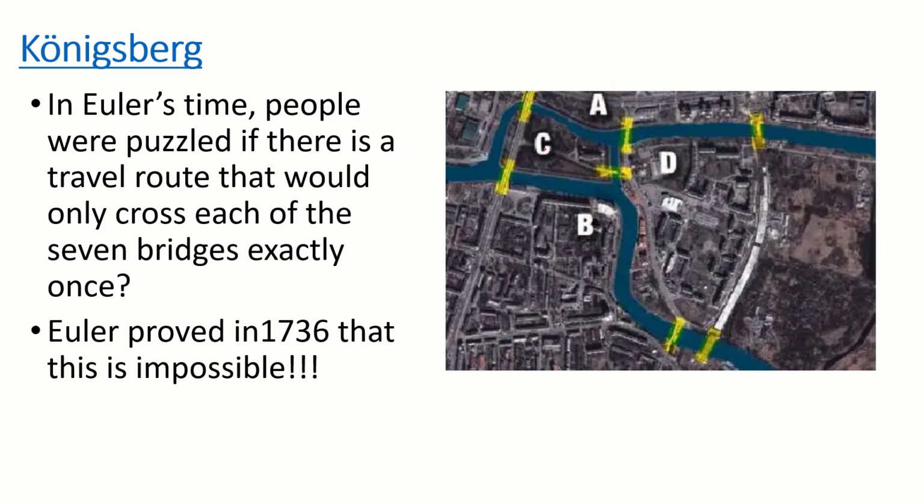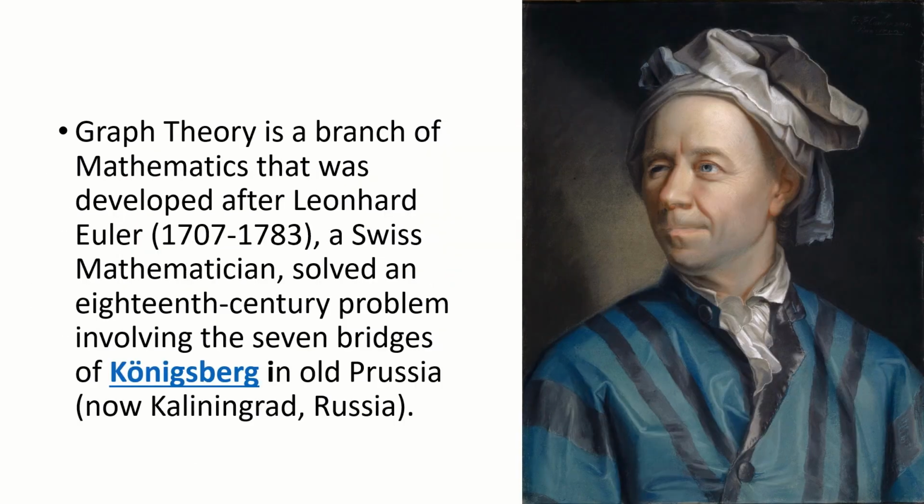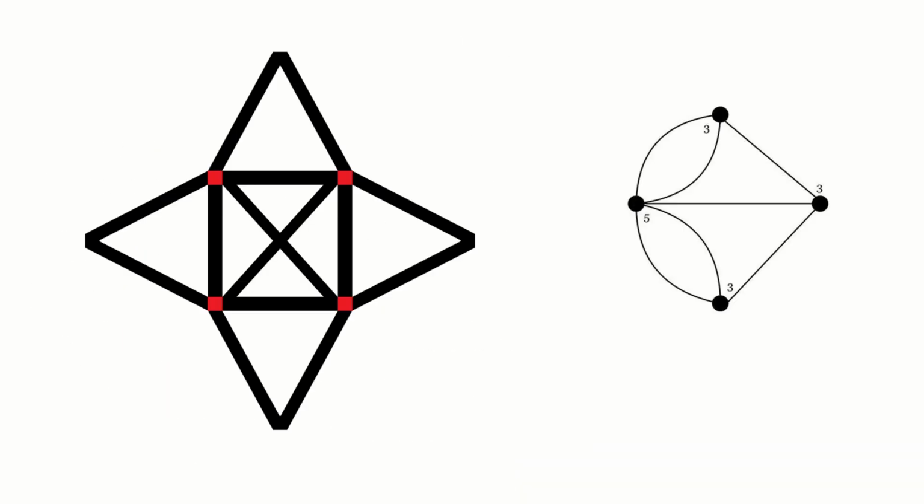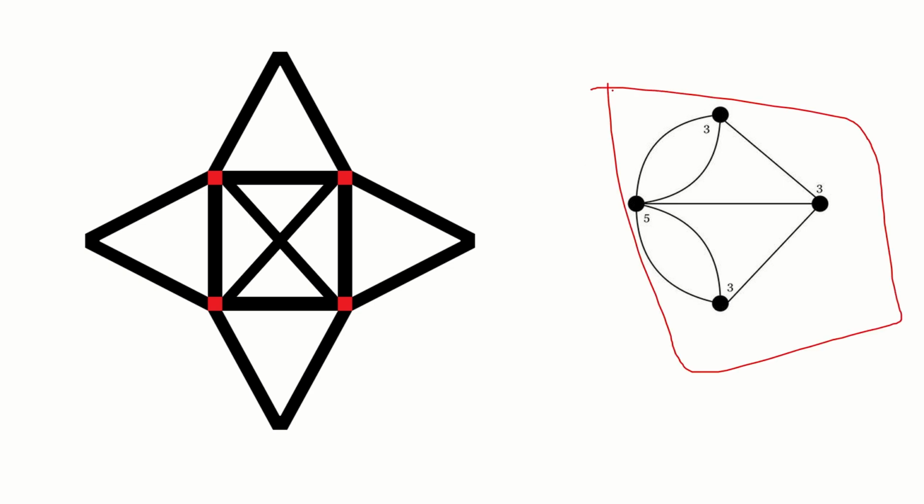Now in Euler's time, people were puzzled if there is a travel route that would only cross each of the seven bridges exactly once. Okay, so exactly once. Now, Euler proved in 1736 that this is impossible. So actually, that graph can be redrawn into this form.